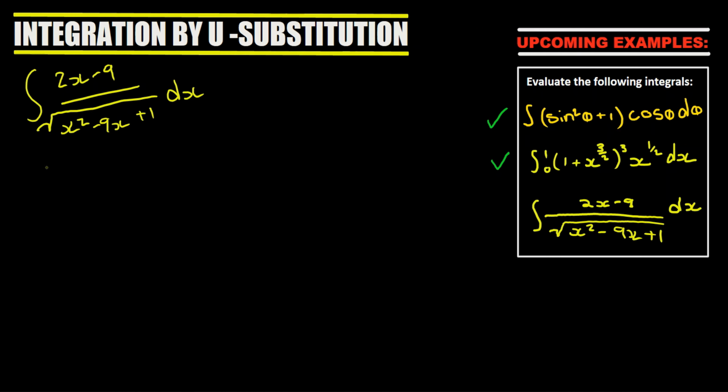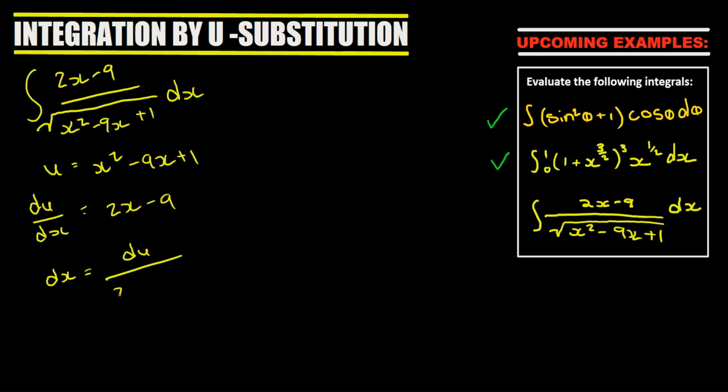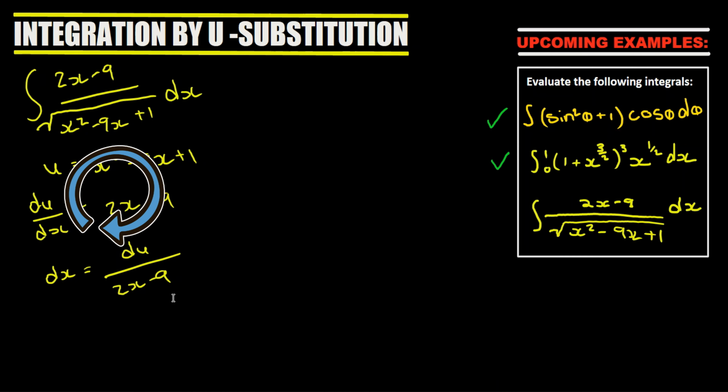Then we can define u as x squared minus 9x plus 1, and the derivative of u with respect to x is equal to 2x minus 9. And when we make dx the subject of the formula, then we have dx equal to du over 2x minus 9.